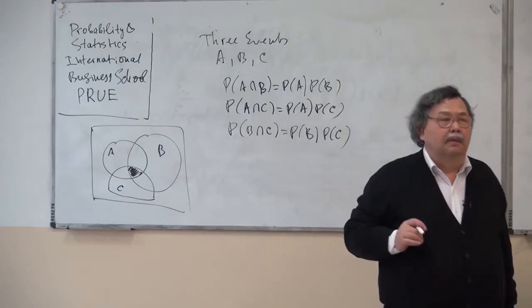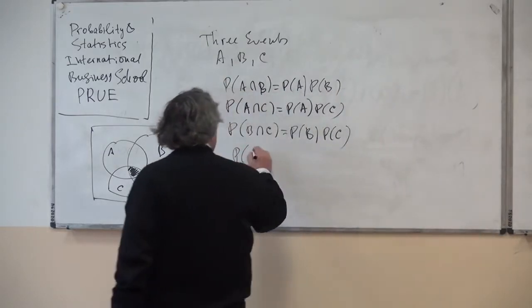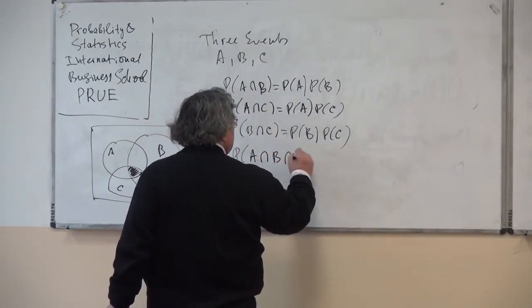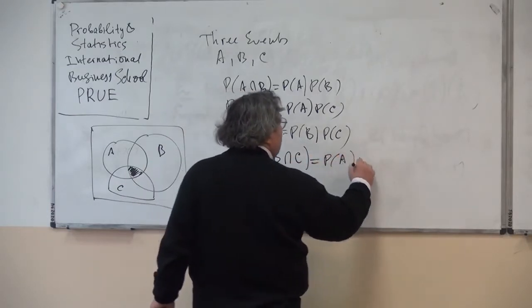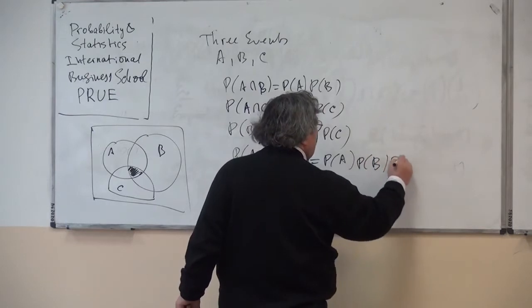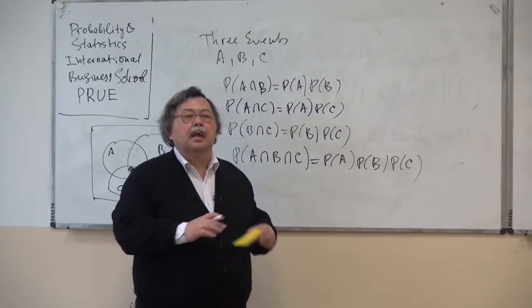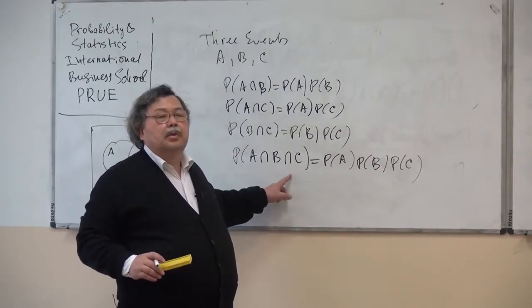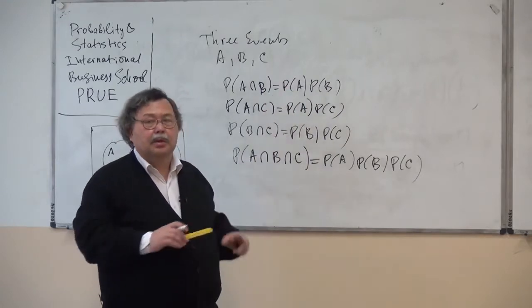But it's not enough. We need to require something else. We need to require that A intersection B intersection C be equal to the product of the 3 respective probabilities. And mind you that this is not a consequence of the first 3 equations.